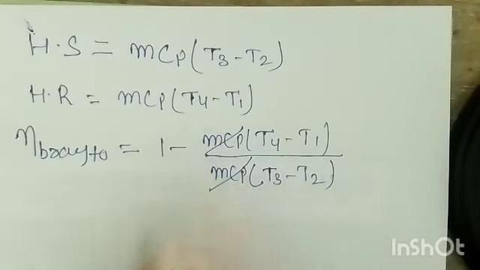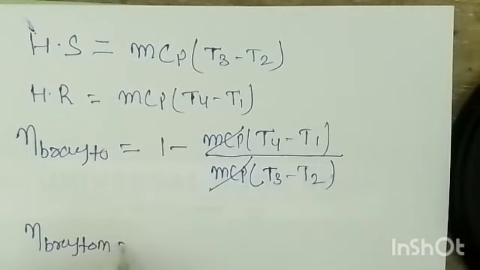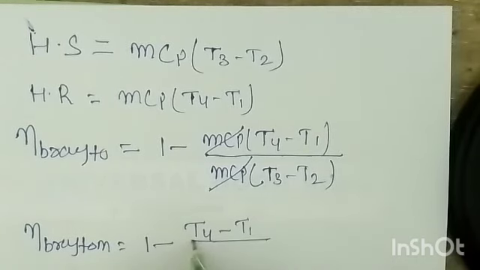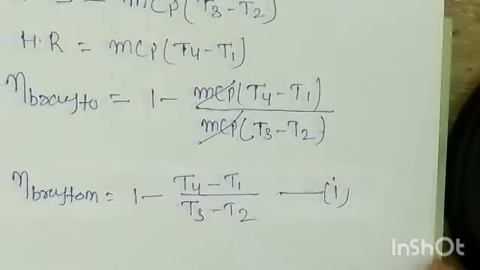If you see, m and c_p will get cancelled, and the equation is efficiency of Brayton equals 1 minus (T4 minus T1) over (T3 minus T2). Let's call this equation 1, right?